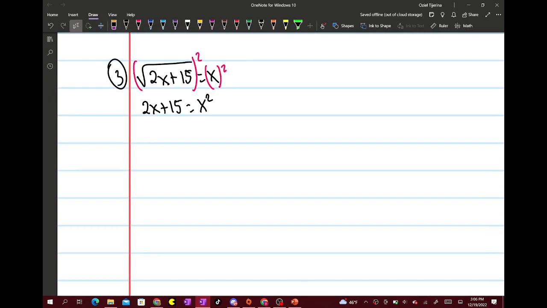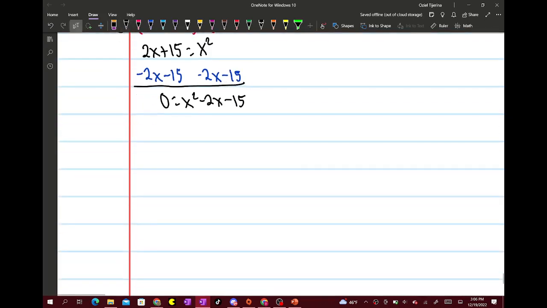You would do minus 2x minus 15 on both sides. So this would be 0 equals x squared minus 2x minus 15. Now you would factor this.